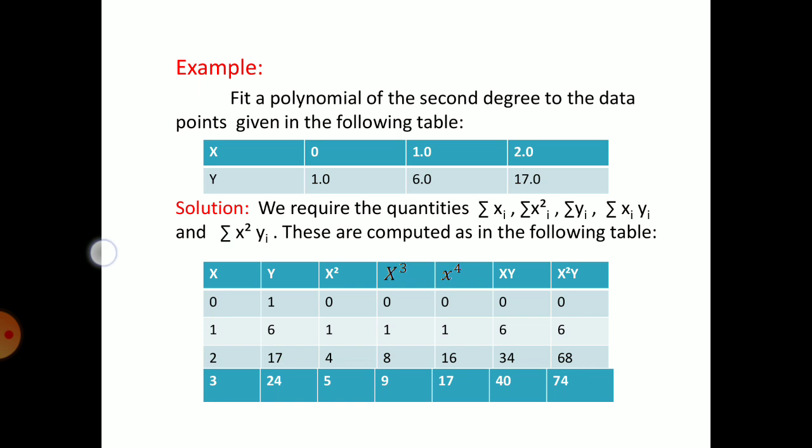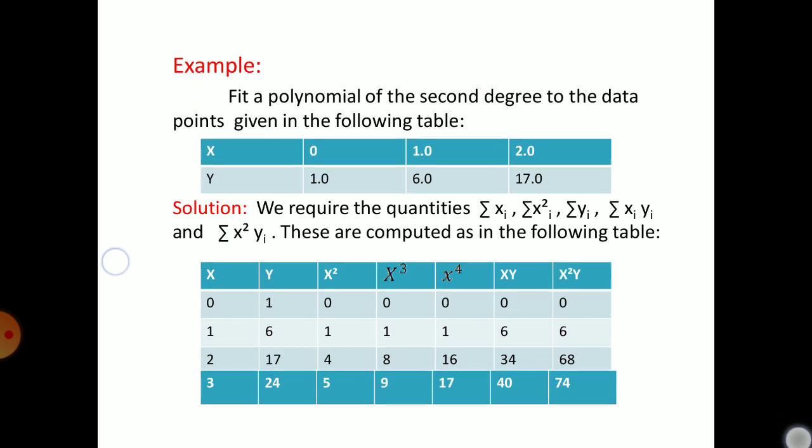In this way, using the given data points, we can construct the table. And then the last row is the sum of the columns, meaning 3 is 0 plus 1 plus 2, and 24 means 1 plus 6 plus 17, and similarly for the remaining columns.